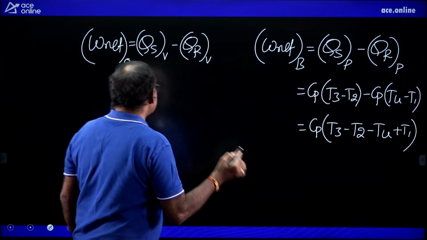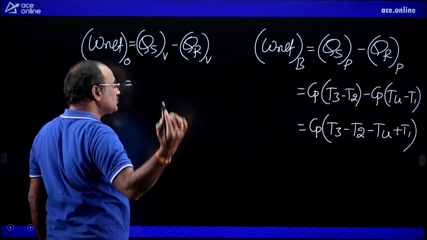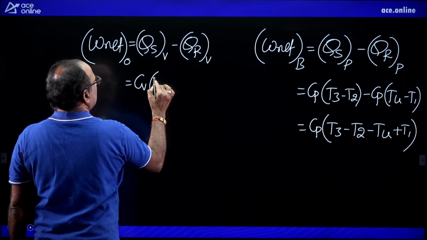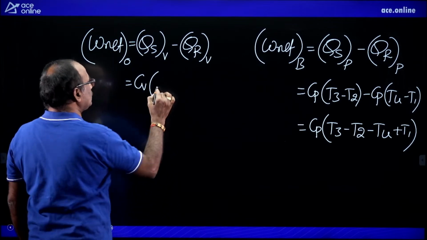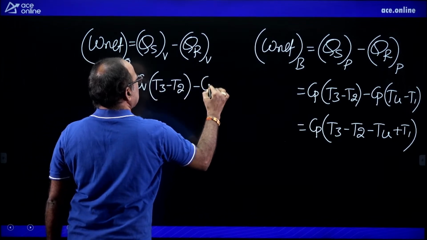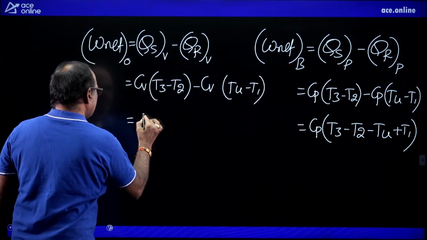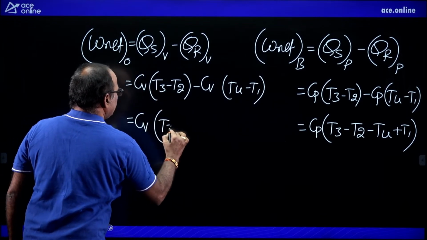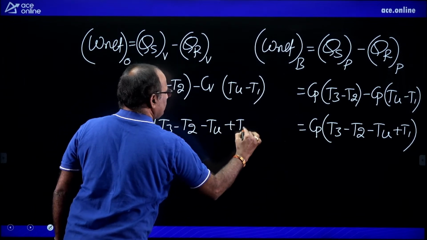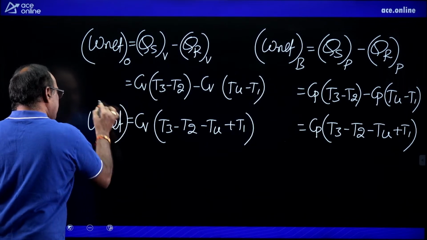If you take the Otto cycle, heat supplied is taking place at constant volume, and of course heat rejection also. Heat supplied at constant volume is connected to Cv. The heat supplied happens during 2 to 3, Cv into T3 minus T2, minus Cv into T4 minus T1. From this I can write Cv into T3 minus T2 minus T4 plus T1, right? Now look at the network output for the same compression temperature limits.